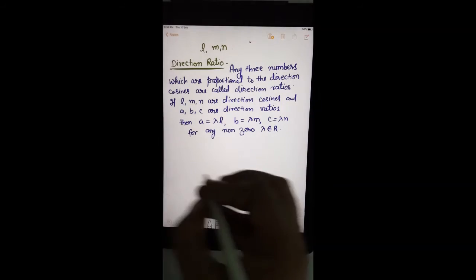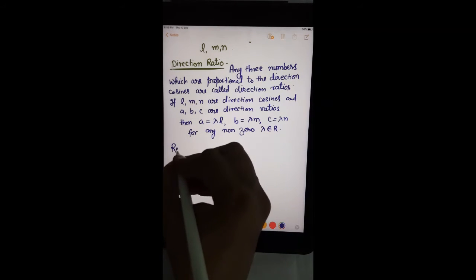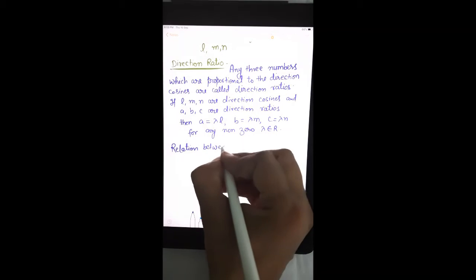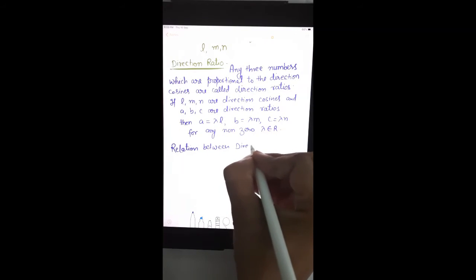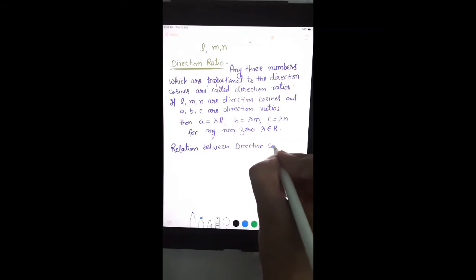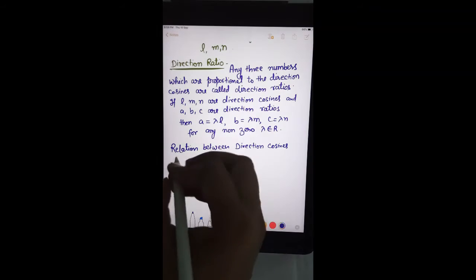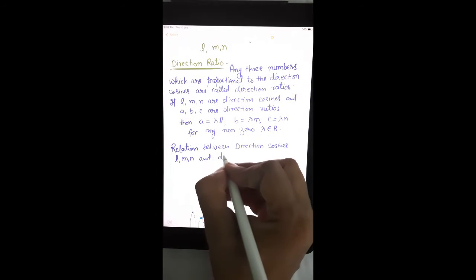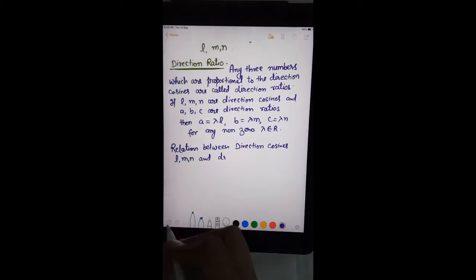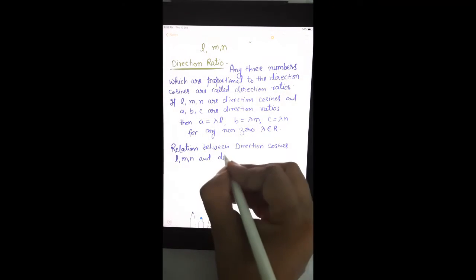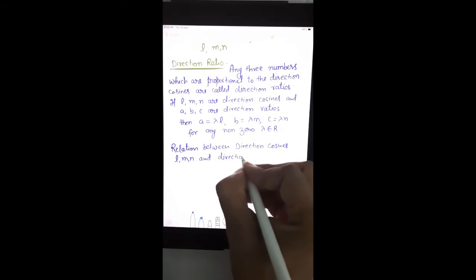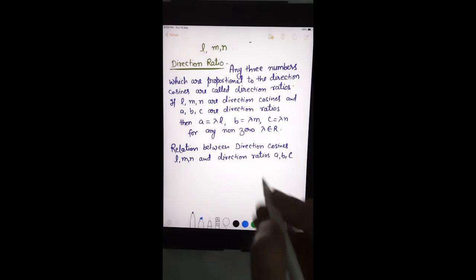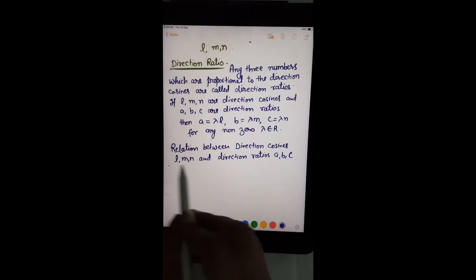For that, the relation between direction cosines, meaning L, M, N, and direction ratios A, B, and C.